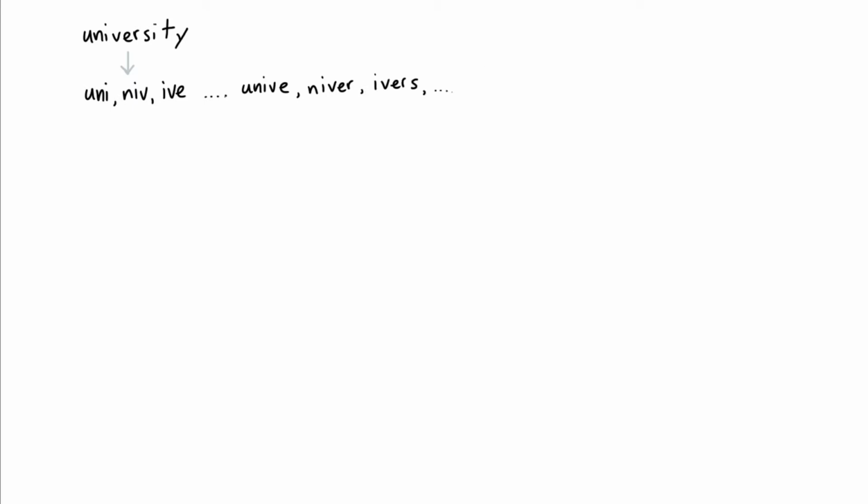That would look something like this. And the count vector representation would eventually be this sparse array. The array would have many zeros, but it would have a couple of ones, basically indicating when we do see a certain n-gram. So this is just a sparse representation of the word university.